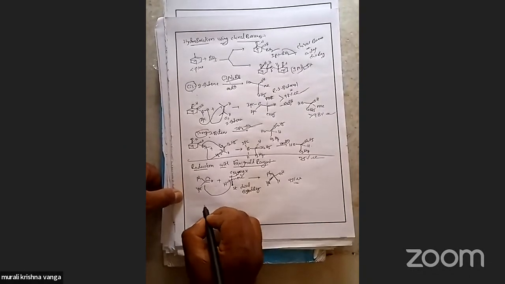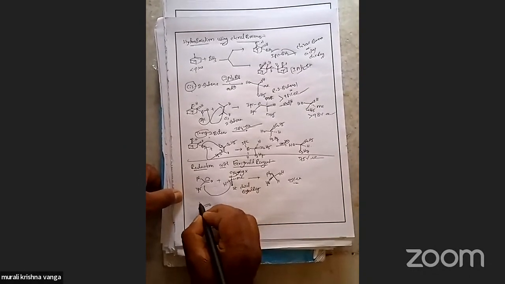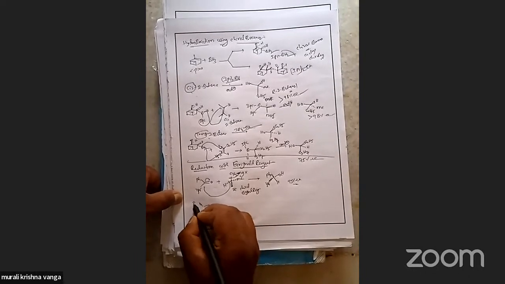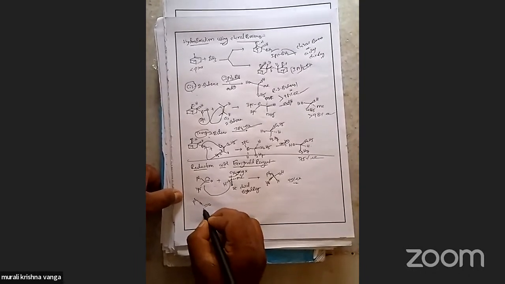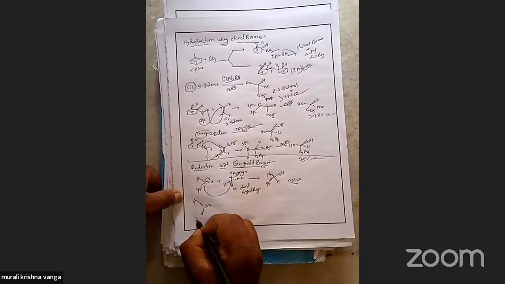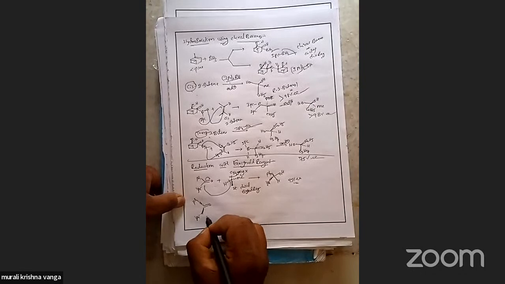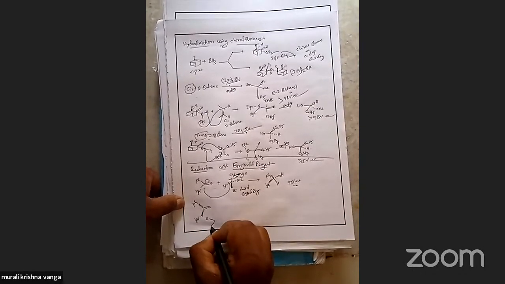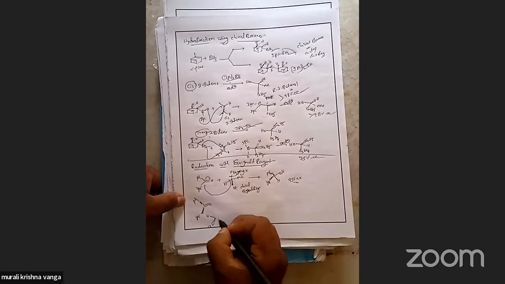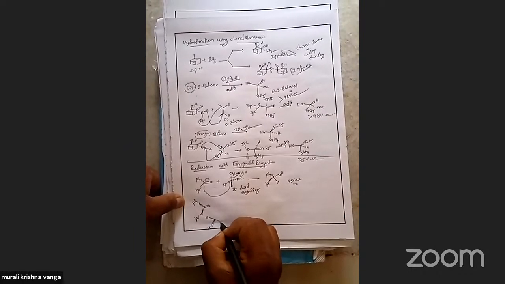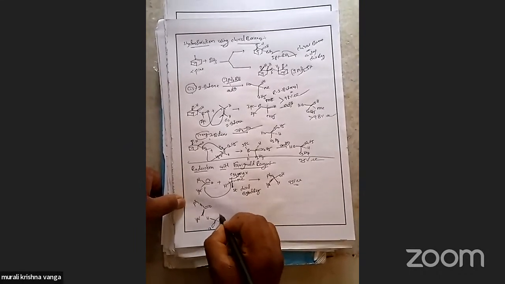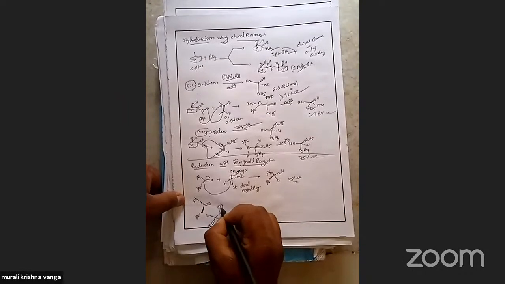So for this, the mechanism is: we take phenyl and isopropyl on the ketone, and this compound reacts with the Grignard reagent with hydrogen, ethyl, methyl, and magnesium halide.